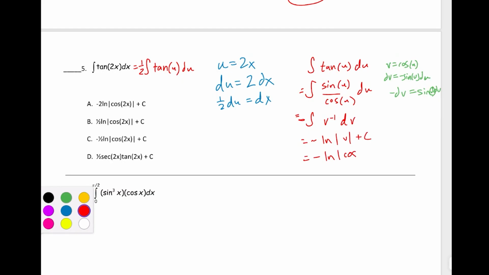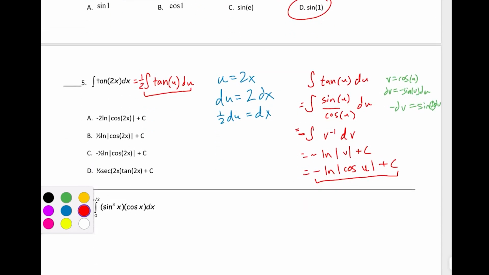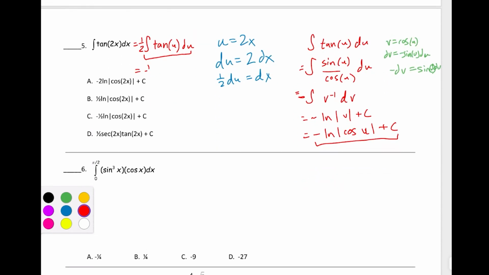V is cosine u. So now we're back to u. And basically this is what this thing over here is going to equal. So we've got 1/2 times, well, since we have times -1, I'm just going to write that as -1/2 times the natural log of the absolute value of cosine u plus c.